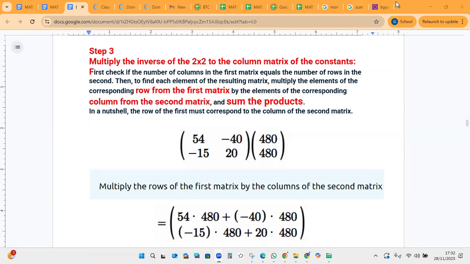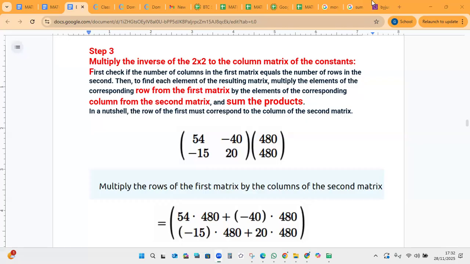So first check if the number of columns in the first matrix equals the number of rows in the second. Then to find each element of the resulting matrix, multiply the elements of the corresponding row from the first by the corresponding elements of the column from the second and sum up the products. So that's how you multiply matrices, row times column.